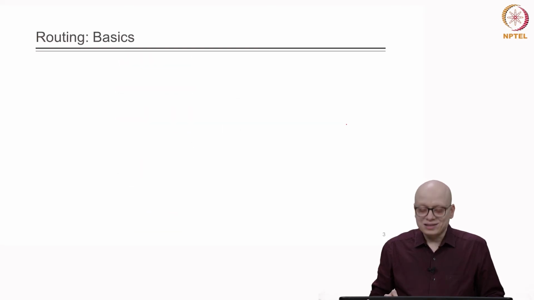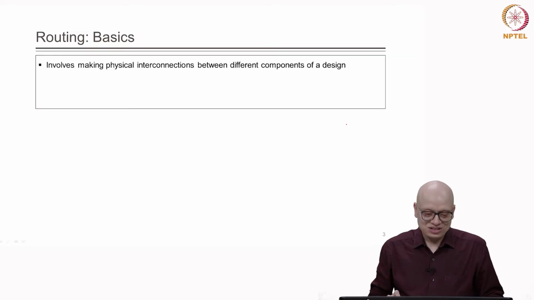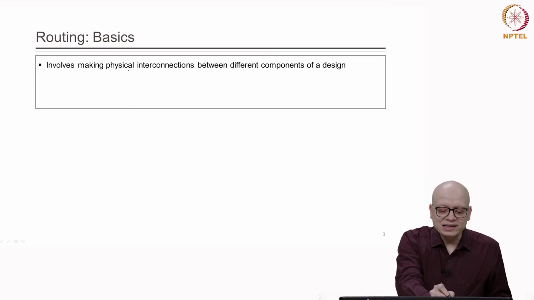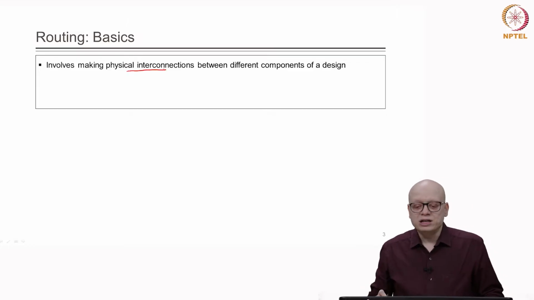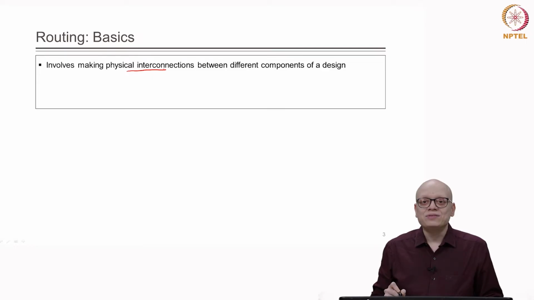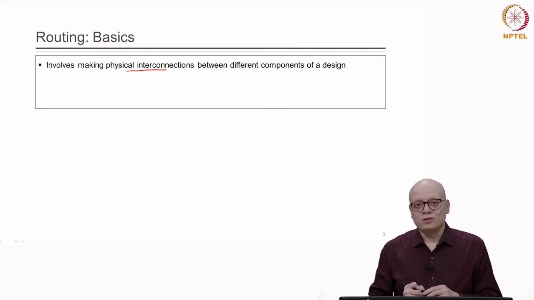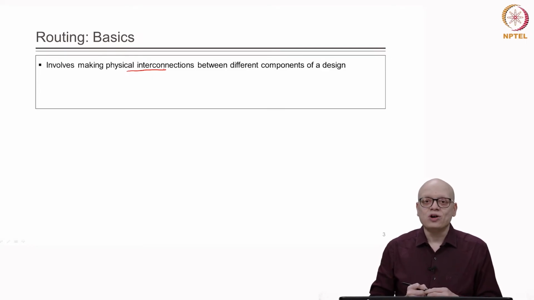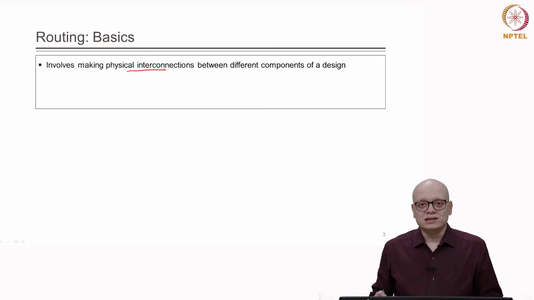So, first let us understand what routing is. Routing basically involves making physical interconnections between different components of a design. In earlier lectures we had seen that we have done the placement of objects. We placed the large objects during chip planning and the standard cells during placement.